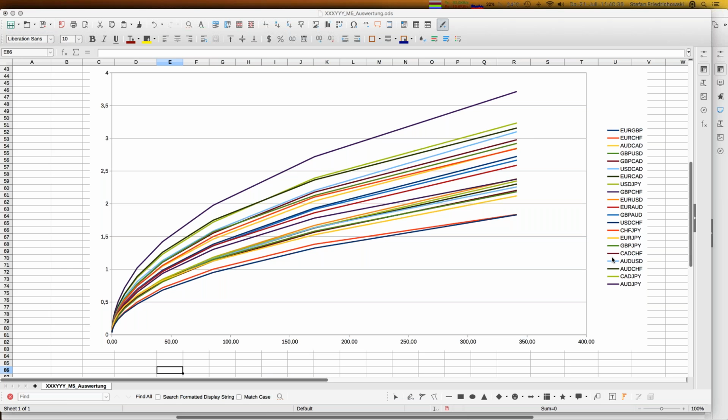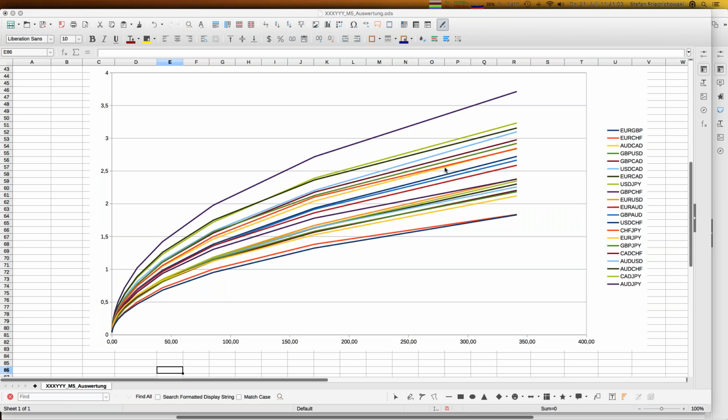It's really strange, at least for me, because I would personally not have expected that the Euro British pound is, let's call it, that slow, and that especially Australian dollar versus Japanese yen has the highest movement of all the 21 underlyings.